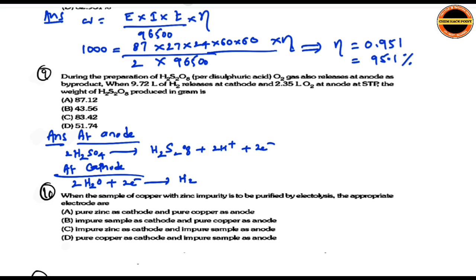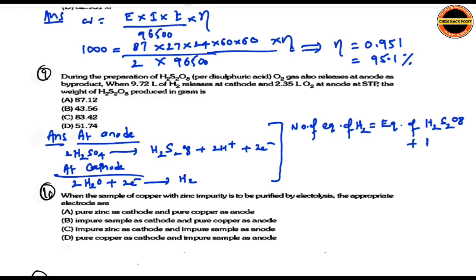Here, based on the reactions, you can go with this method also. Number of equivalents of H2 is equal to number of equivalents of H2S2O8 plus number of equivalents of O2. Why?